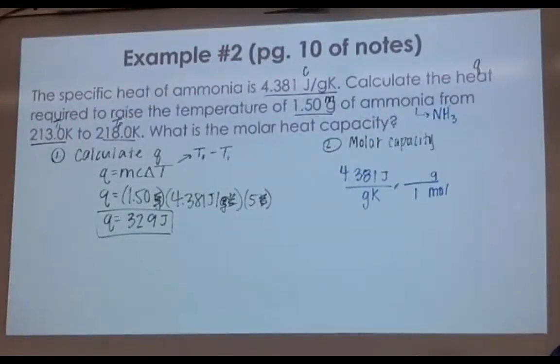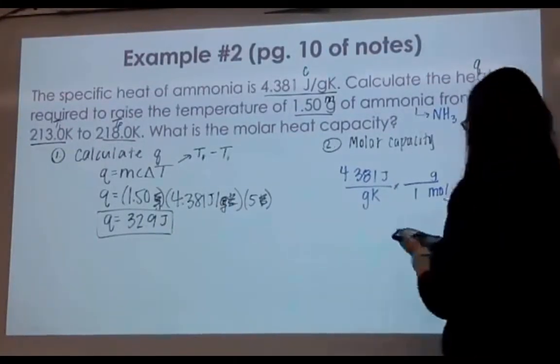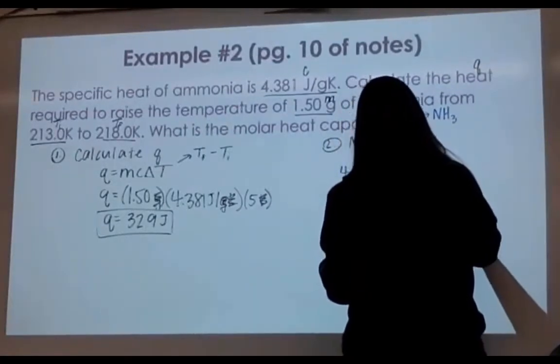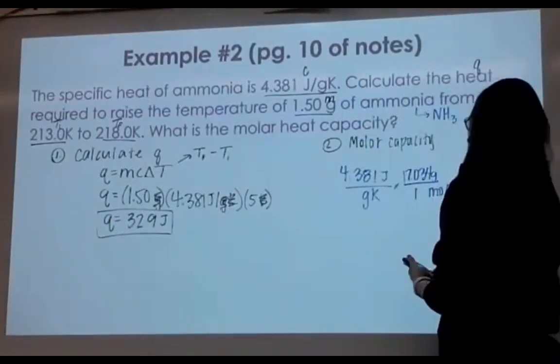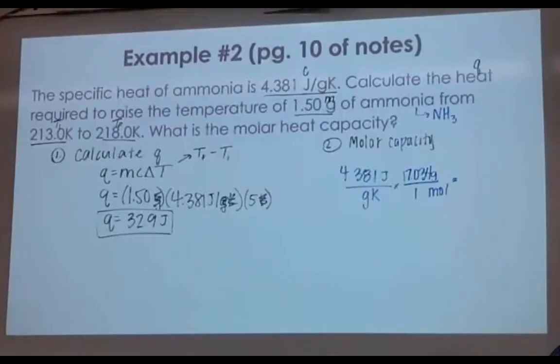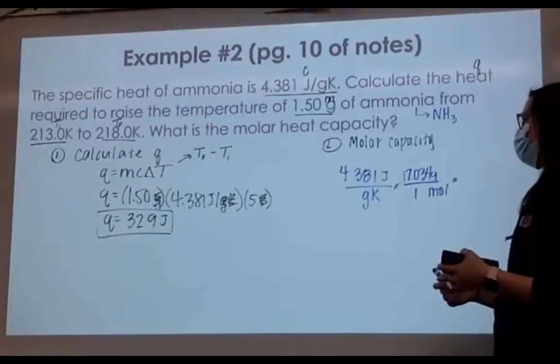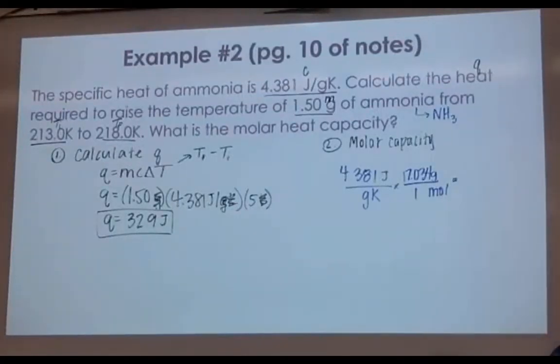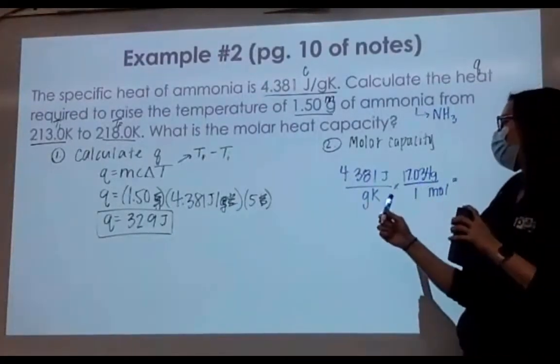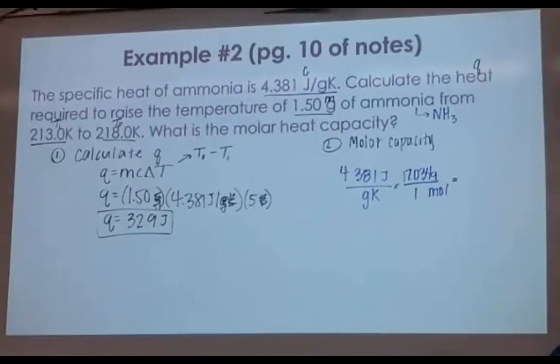So nitrogen is 14.01 plus 3 times 1.008. 17.034 grams is the molar mass of ammonia. Again, the reason that I needed molar mass here is because molar heat capacity is joules per mole times Kelvin.